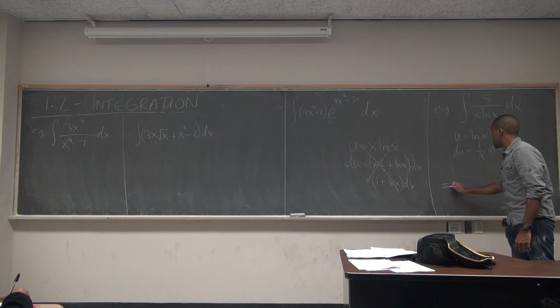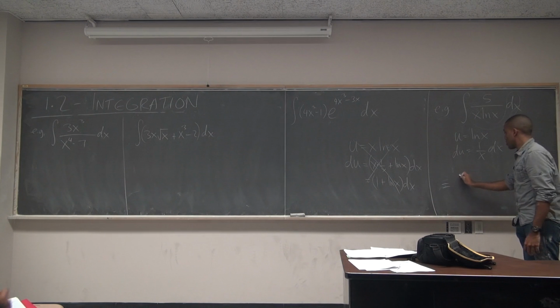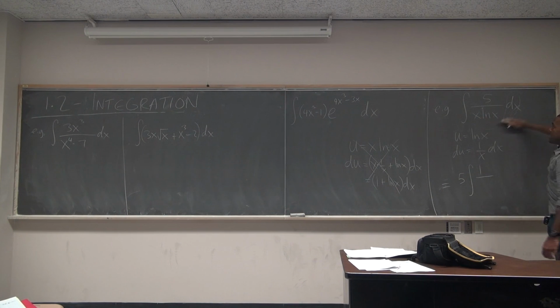So now what happens? It's 5 integral of 1 over u du. The x dx gets taken away by the du, that replaces the x dx. So what I'm left with here, the 5, he pulled it out, that's fine. My ln x is the u, so it's just 1 over u. That looks like a basic rule. What's the integral of 1 over u?